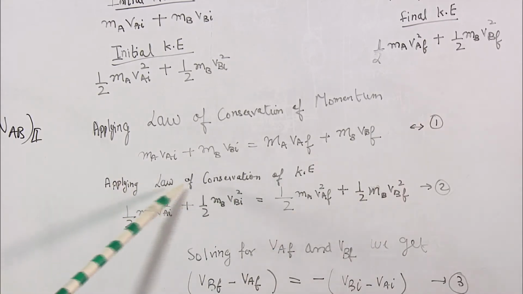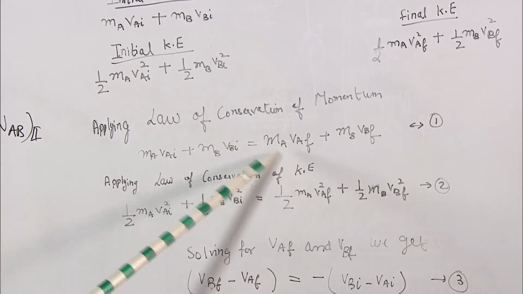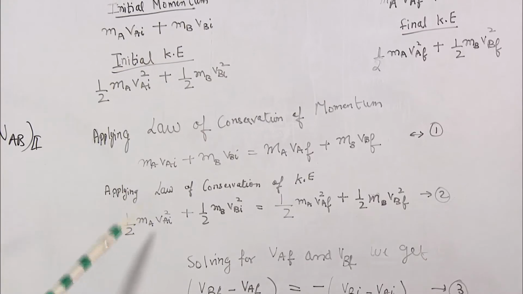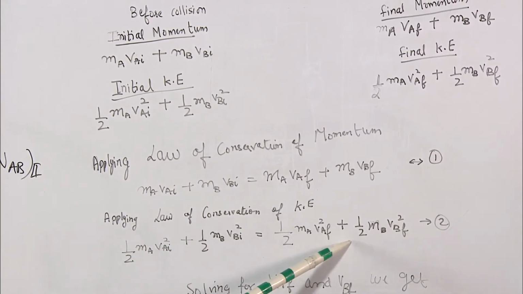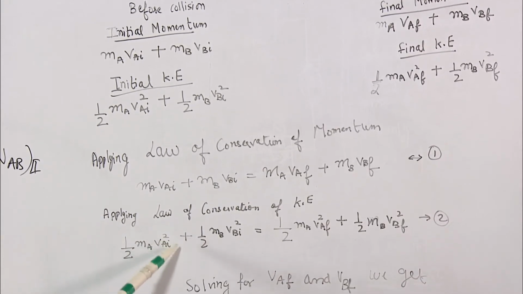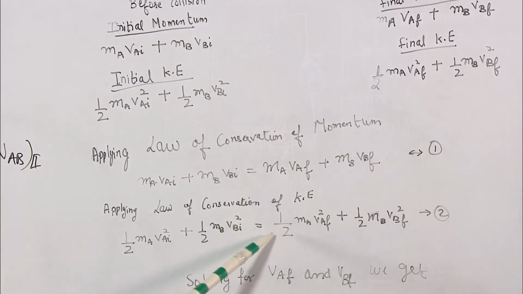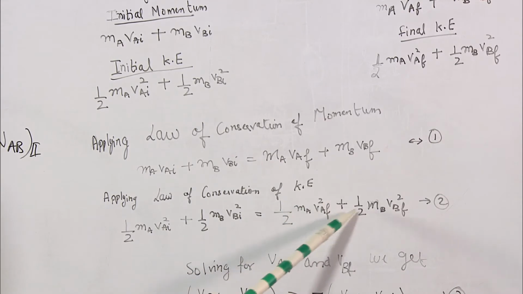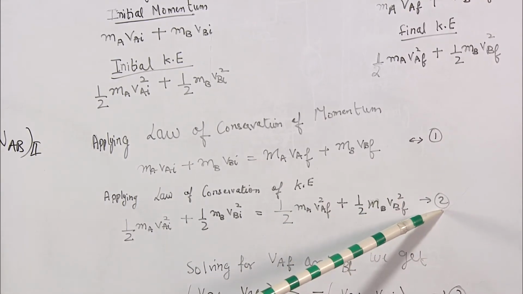Applying the law of conservation of kinetic energy, the kinetic energy of the whole system remains conserved. So the initial kinetic energy equals the final kinetic energy: half MAVAI squared plus half MBVBI squared equals half MAVAF squared plus half MBVBF squared. This is equation 2.